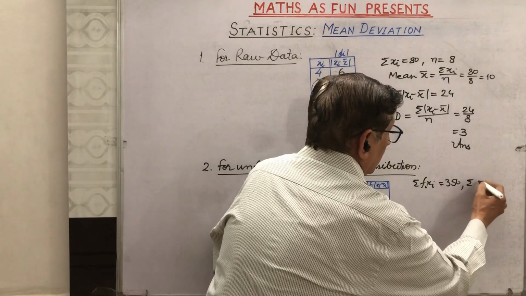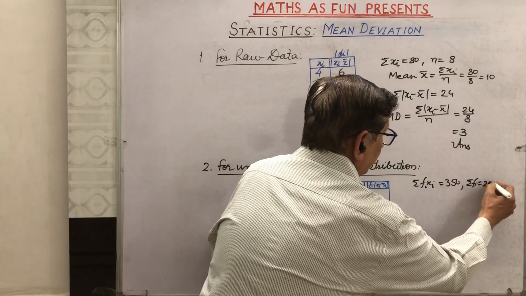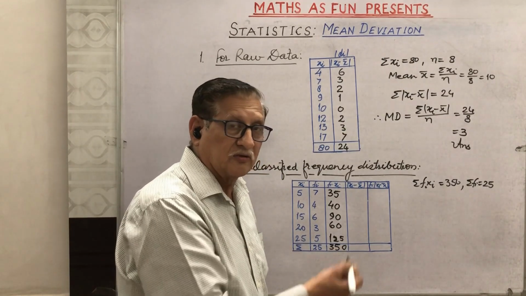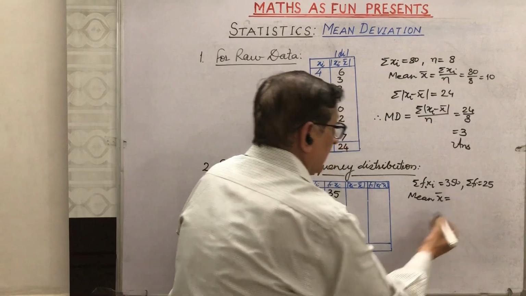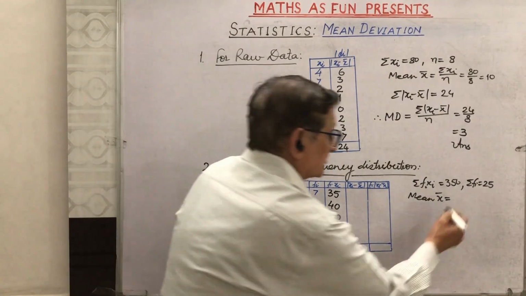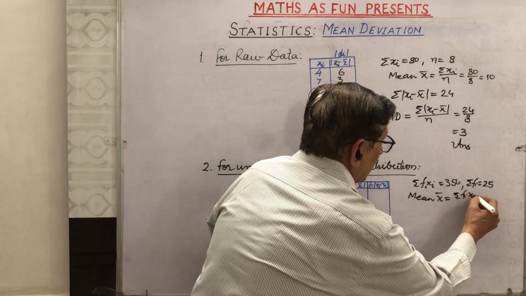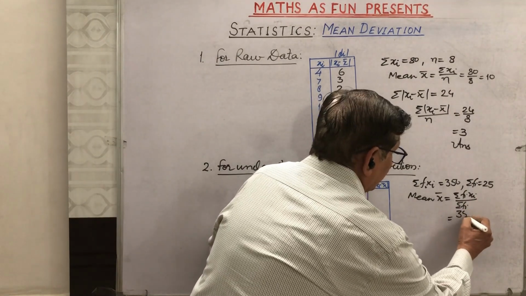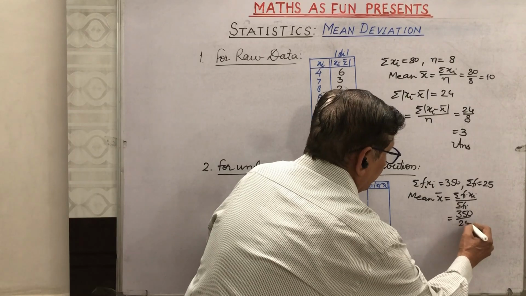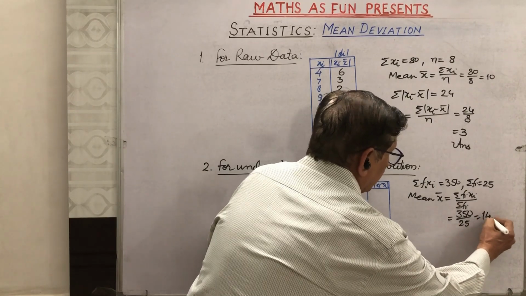Sigma fi is given as 25 and hence the mean x bar will be sigma fi into xi divided by sigma fi. Here it is 350 divided by 25, which comes as 14.